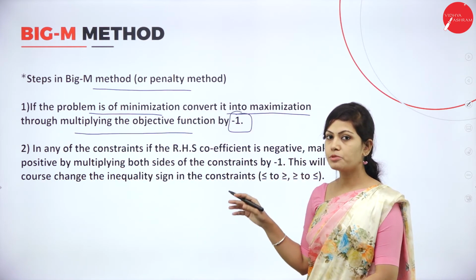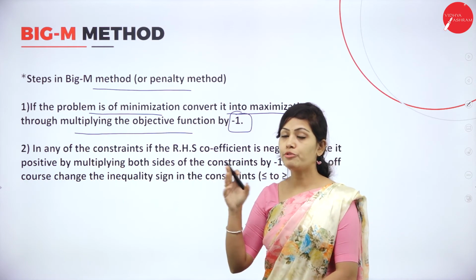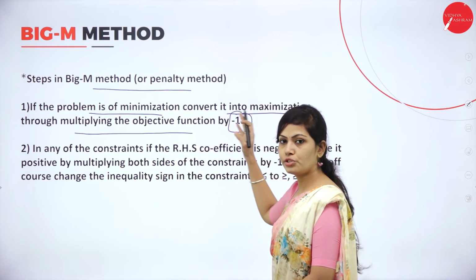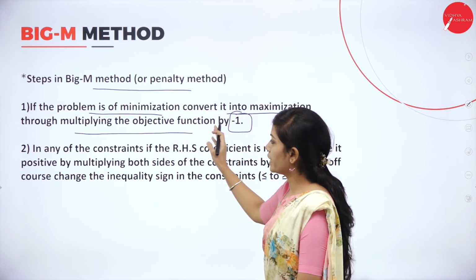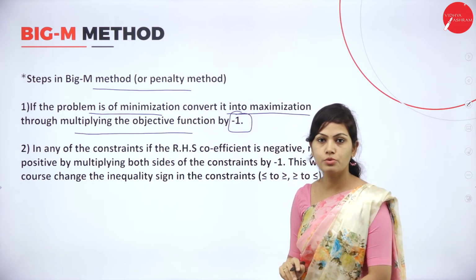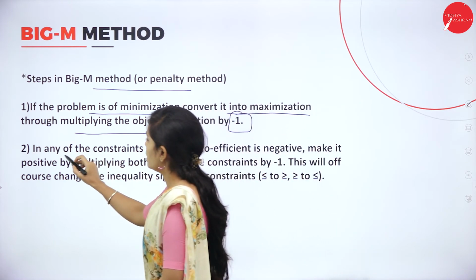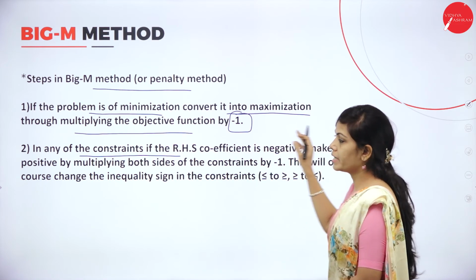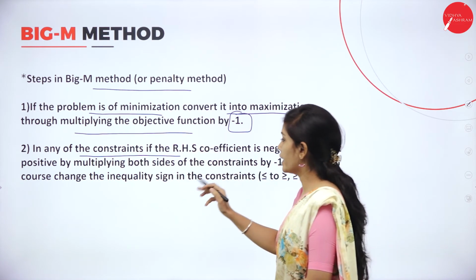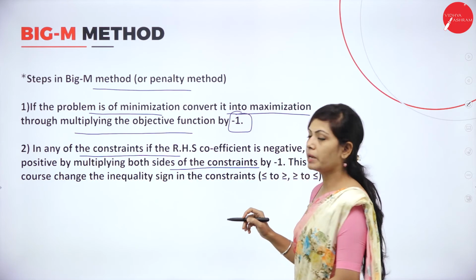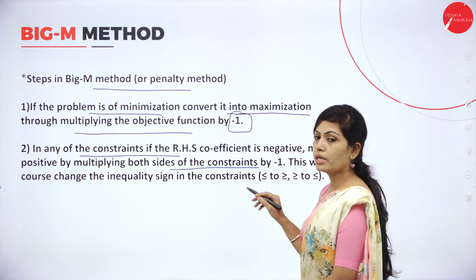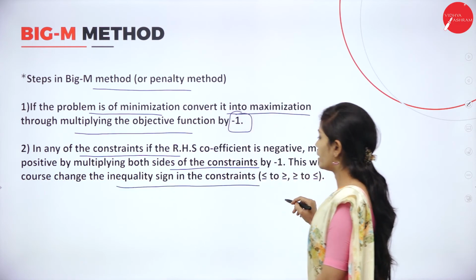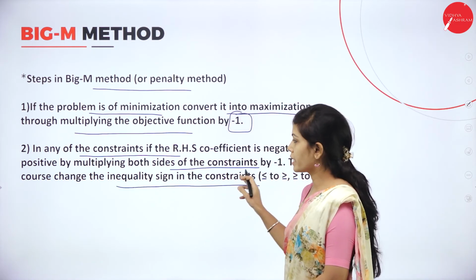These are the steps we have to use while doing the big M method. So first step, minimization to maximization by multiplying the objective function by -1. And in any of the constraints, if the RHS coefficient is negative, make it positive by multiplying both sides of the constraint by -1. This is the second step.